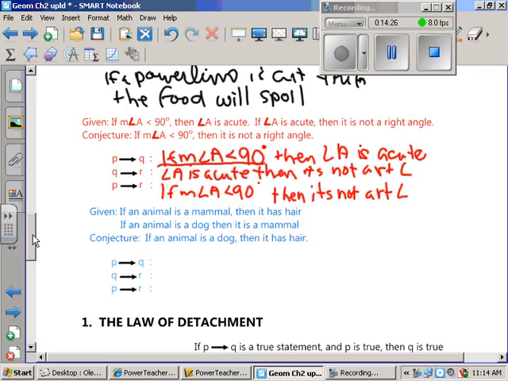And this would have to be if Q then R. So what would this have to be? And what would it have to say in this example? Do you see that in this first sentence here, this is your P, right? If an animal is a mammal, that would be your P.